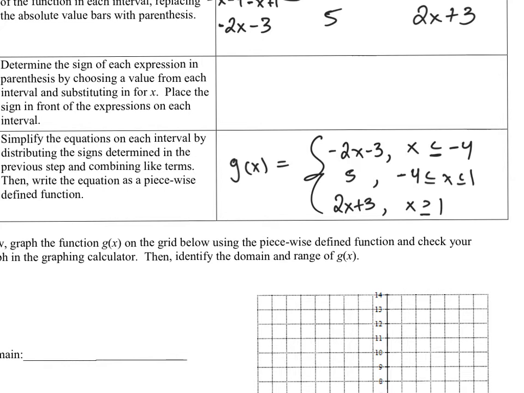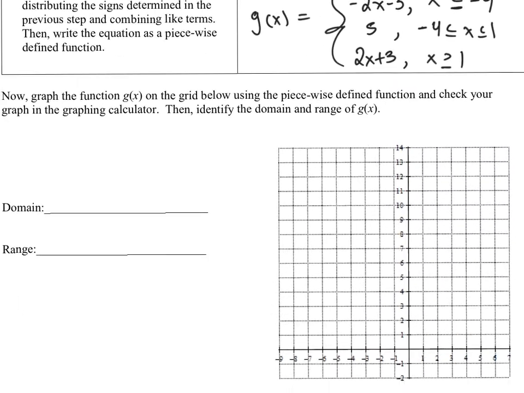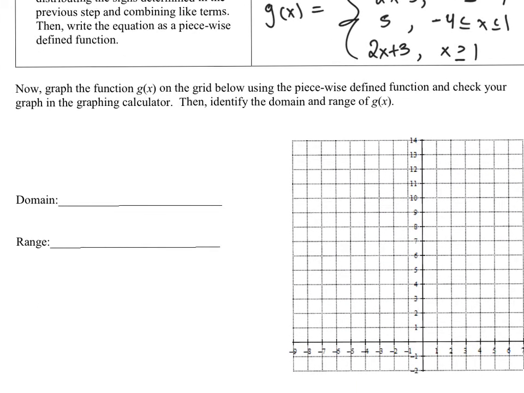Now it says graph the function g of x, and then determine the domain and the range. So when x is negative 4, y is 5, and then the slope is negative 2, so we go up 2 to the left 1, up 2 to the left 1.